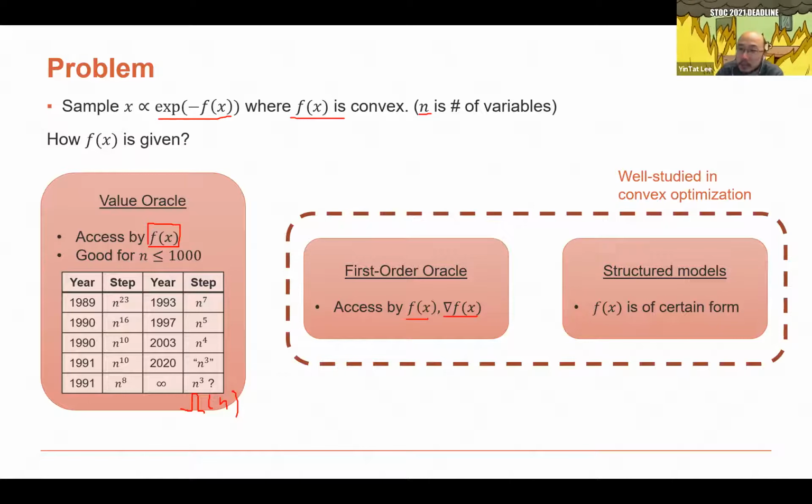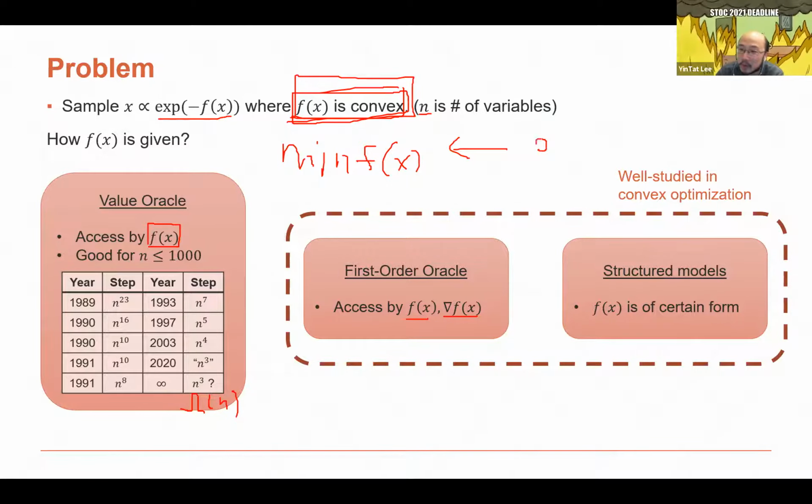The reason we assume f is convex is that beyond this case, we don't have much theoretical guarantee on this problem. Also you should notice sampling is a problem more general than optimization. For example, if you want to minimize f, and someone gives you an oracle to sample, then you can just sample from exp(-M f(x)), with M maybe some large number.